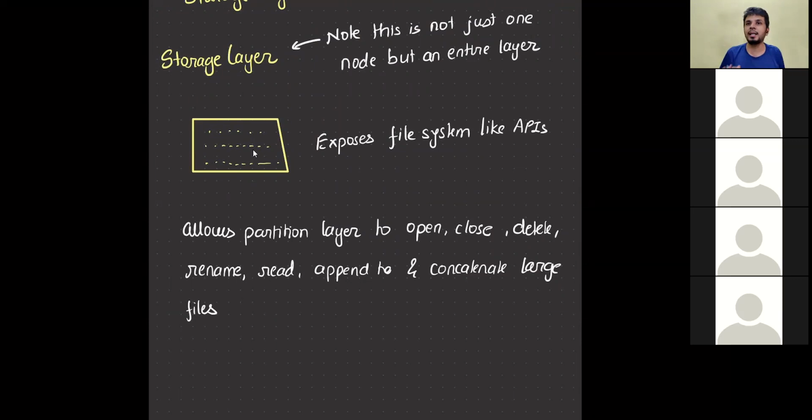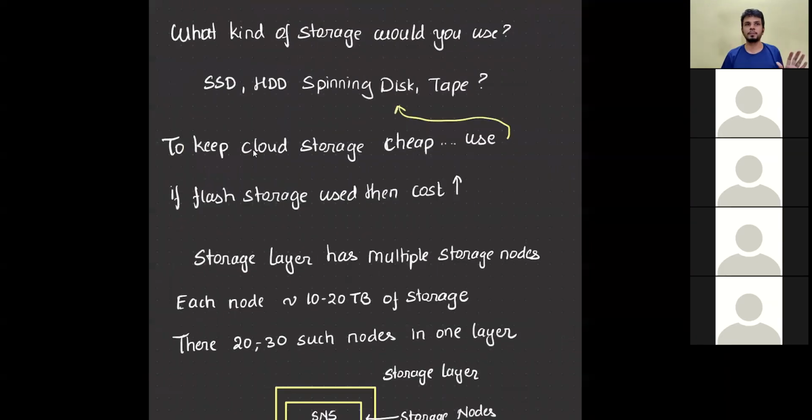Nothing more. It is just a normal server which exposes, over the network on TCP, file system like interface calls for the partition server to consume. That's what it does.